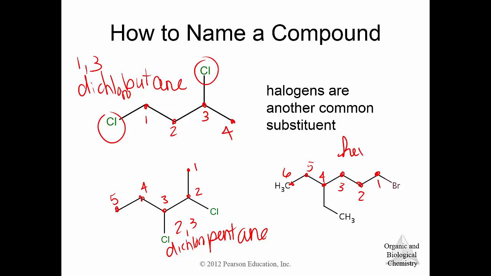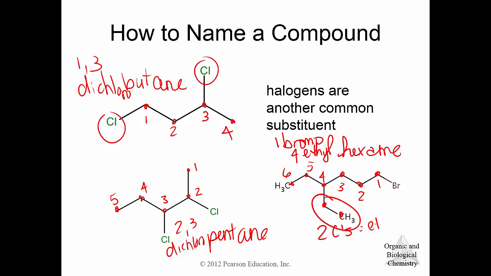The base of this is hexane. Whoops, and it is 1-bromo-4-ethylhexane, because notice how this is a 2 carbon group branching off there. If it's 2 carbons, we call that an ethyl group. 1 carbon's methyl, 3 carbons propyl, etc.